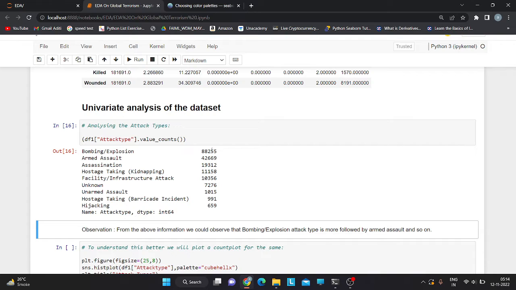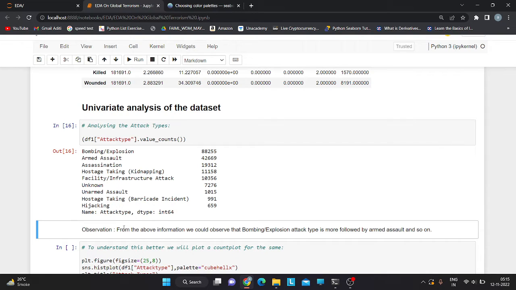Bombing explosion 88,255, armed assault 42,669, and so on. From this we could understand that the attack type is primarily bombing and explosion, followed by armed assault. Whatever observations we get from this, we are going to note in the cell.